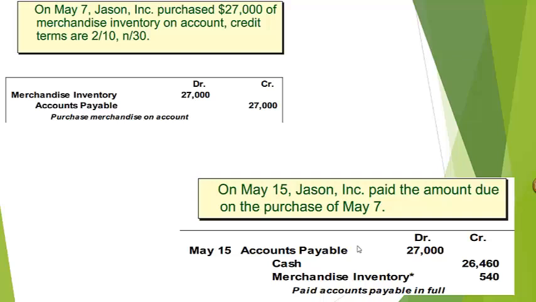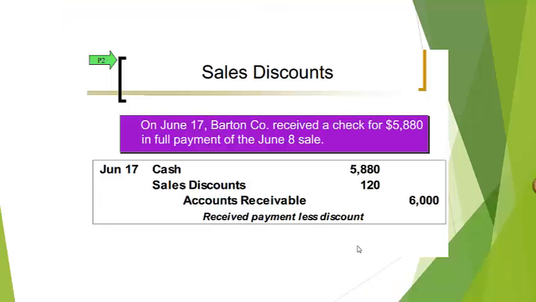However, we paid cash of the discounted rate, which is $26,460, and then you notice that the credit goes to merchandise inventory. So the idea is that the asset account, which is merchandise inventory, is net of discounts, and also, which we will talk about later, also includes any shipping charges or insurance. So merchandise inventory is everything involved with the cost associated with that inventory.